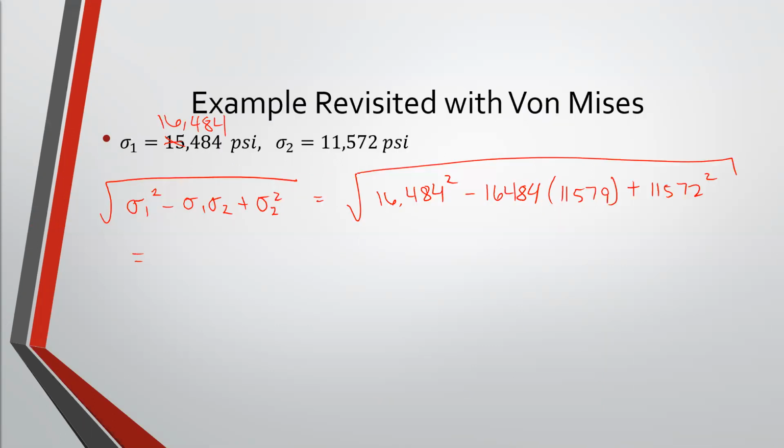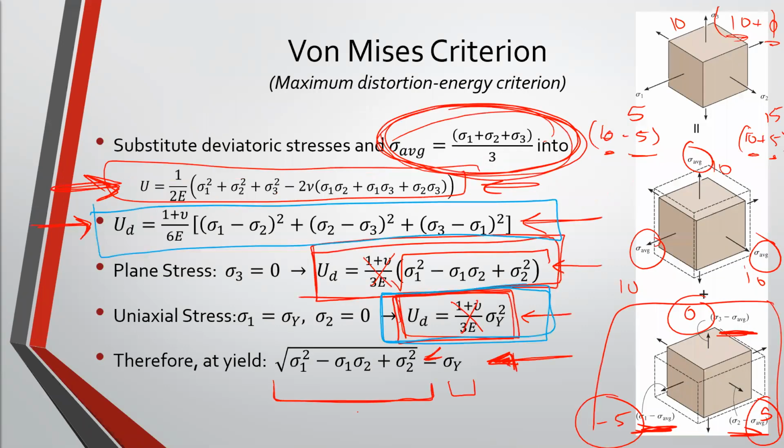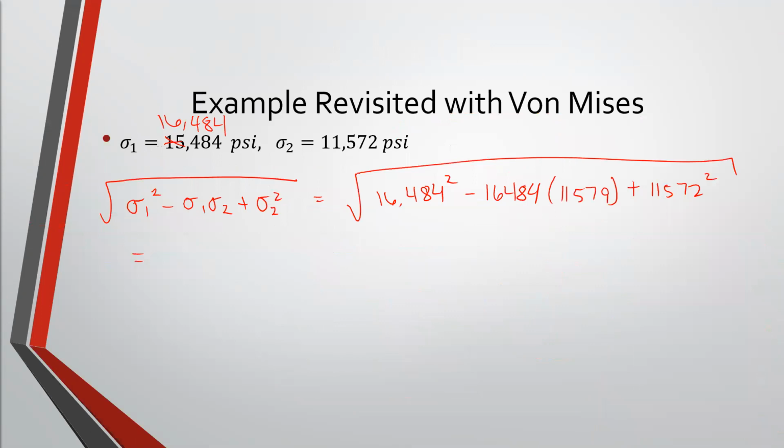So you get a 1/2. Yeah, they're right, because this is off by a factor of 1/2, so you'd have a 1/2, and then you'd have the square root of the rest of that.